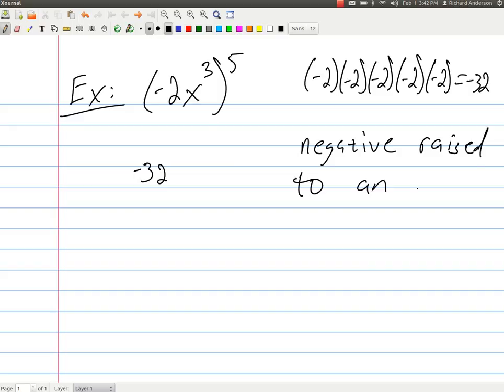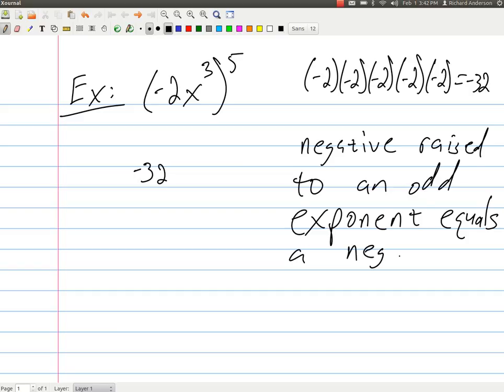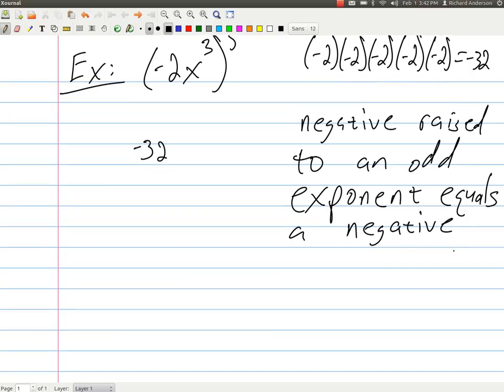However, if you raise a negative number to an even exponent, you'll get the opposite result. You'll get a positive. And it's just because of that old rule, a negative times a negative is going to equal a positive. Okay, so I'm just going to put here even is going to turn into a positive.